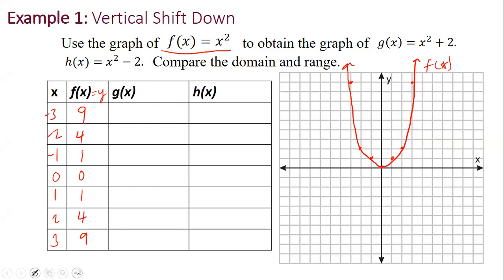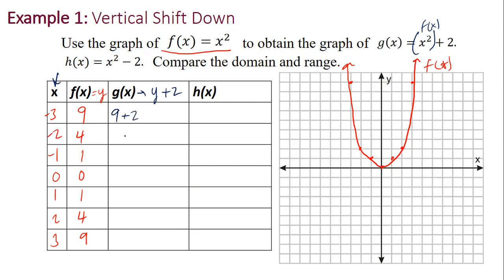Now I'm going to switch colors because it wants you to create the graph g of x, which is x squared plus 2. So I'm taking my original f of x and adding 2. Does that make sense? For g of x, our x's are staying the same, but to all of our y values, we're going to add 2.